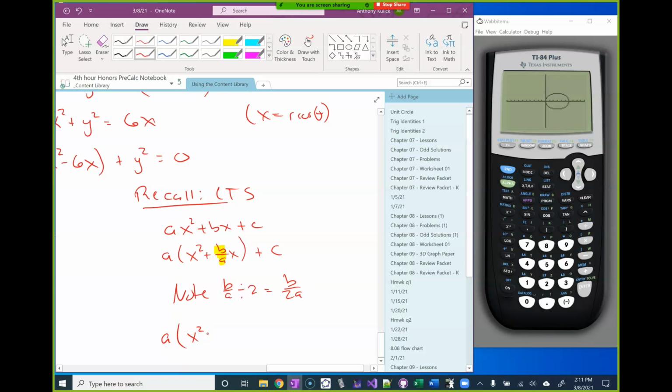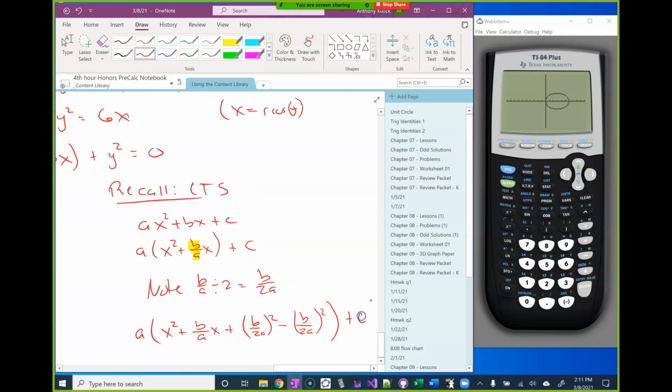So I have... notice what this is really right here? It's just 0, right? So I still haven't done anything, really. I've just added 0, which, who cares, right? Is that okay?